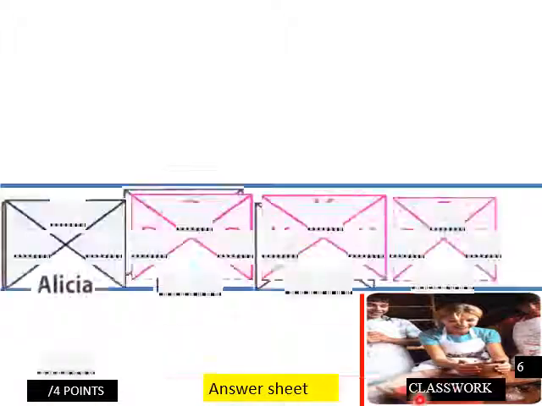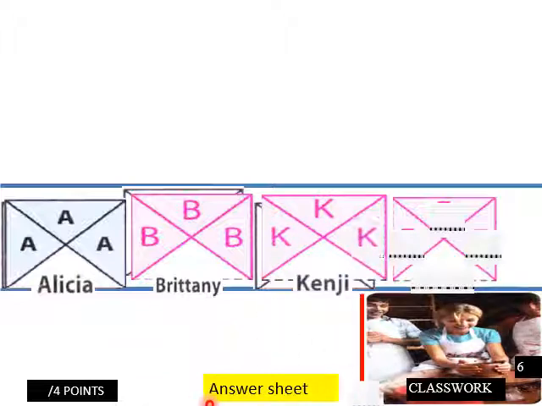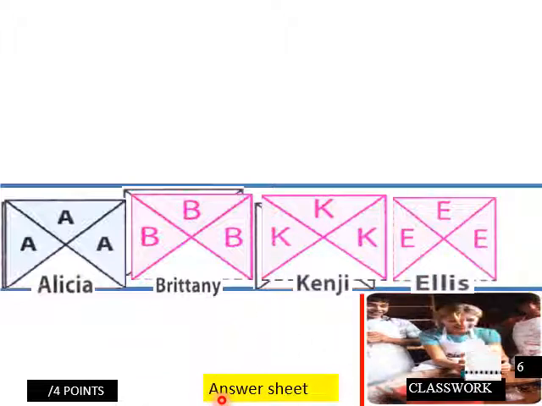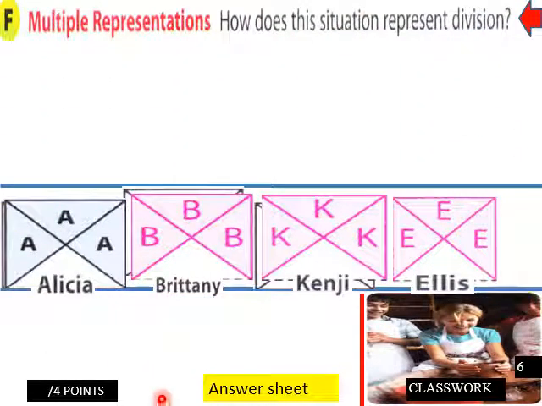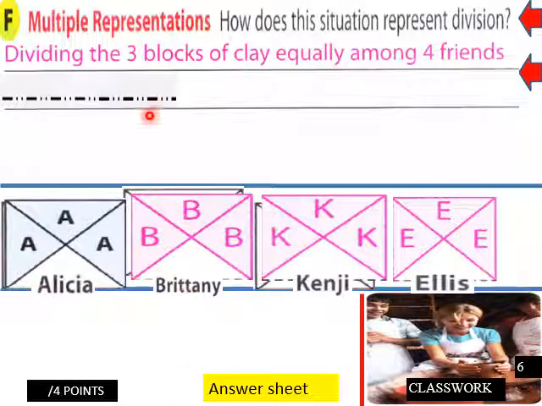Page 6, classwork. Here's our blocks again, and here's the reveal again on these blocks of clay. Again, stressing the visualization of this arithmetic fraction problem here. Multiple representations. How does this situation represent division is the question. Dividing the 3 blocks of clay equally among 4 friends represents 3 divided by 4.